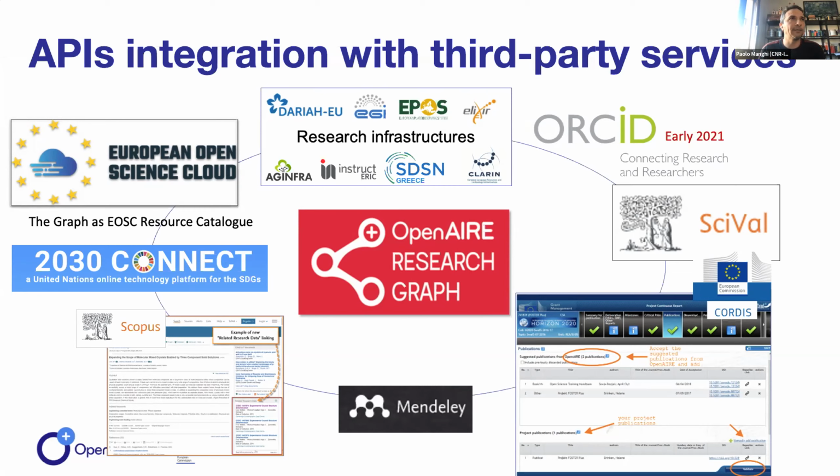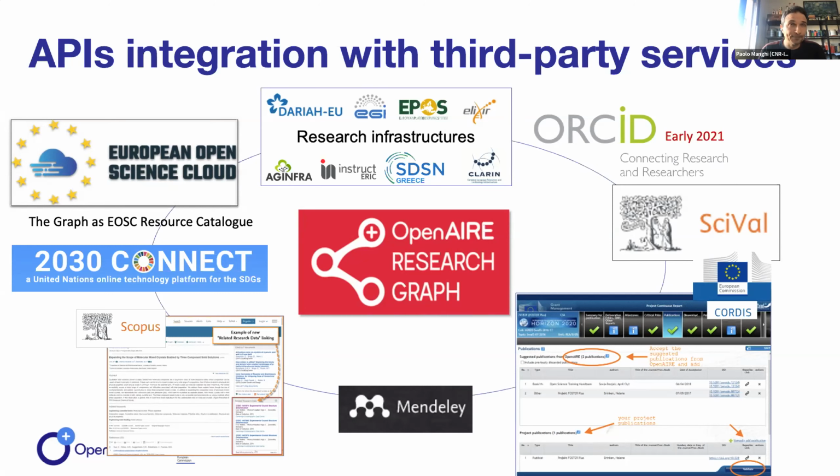For example, we have all the publications, data, and software that have been produced thanks to the EGI services. The same can be said for Instruct, Clarin, some of those mentioned here, which are using this kind of tools.